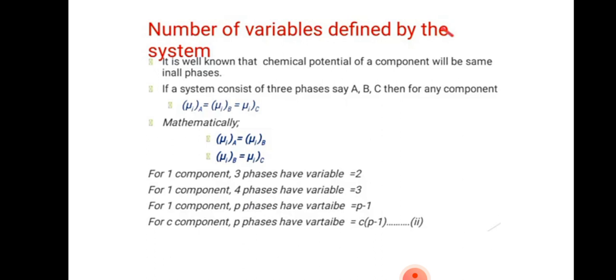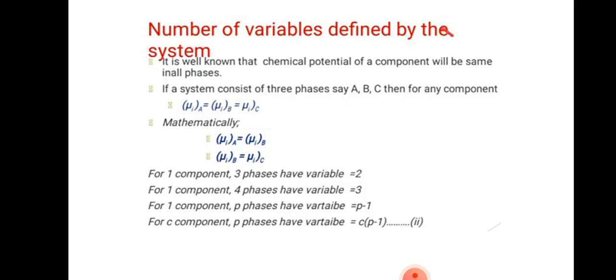So for P phases, the number of such relations is equal to P minus 1 for each component. Then for C components, the relationship will be C into P minus 1.